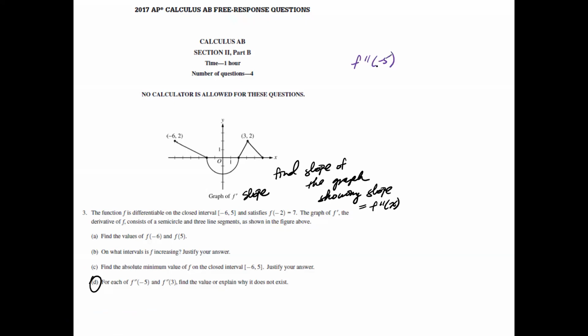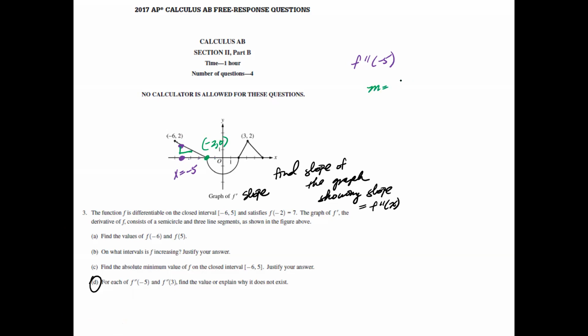So f double prime of -5, so 1, 2, 3, 4, 5. So this is when x equals -5. Looking at this point on the graph, you're essentially looking at what is the slope of this graph here. Okay, so I know that this point is going to be -2, 0. So let's go ahead and find the slope of that.